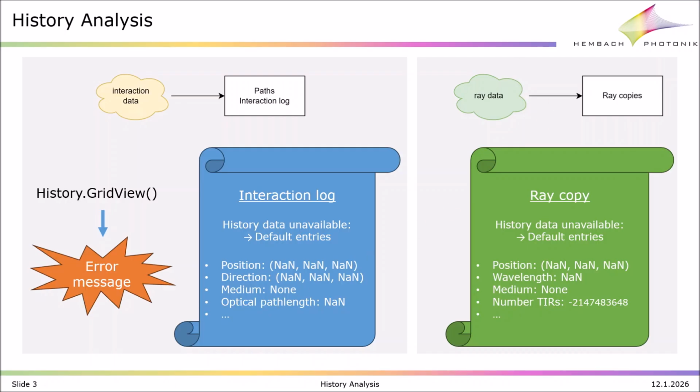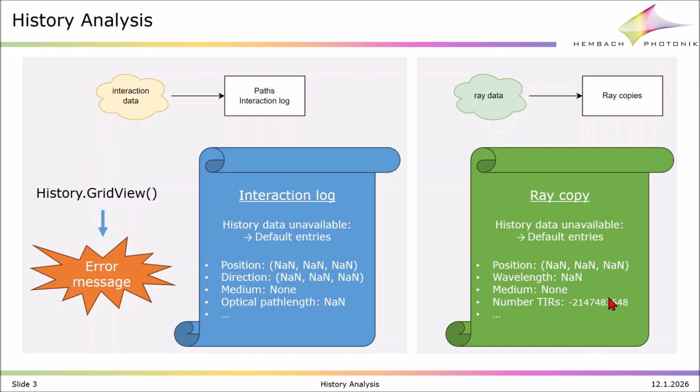Ray data, on the other hand, are used in post-processing whenever the history detector constructs ray copies. So, if we set up the history detector to store only a part of the available ray data, but in post-processing we query ray copies from the history detector, these ray copies will be initialized with the valid ray properties from the history detector as far as these have been stored, and the other properties will be just initialized with some default values.